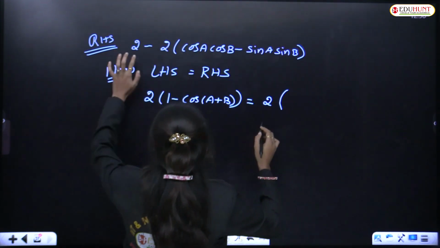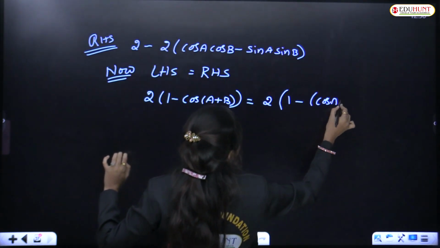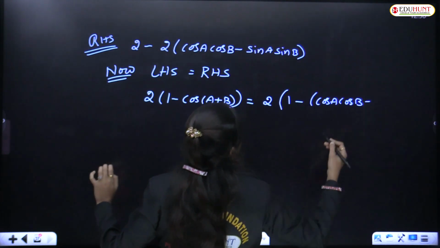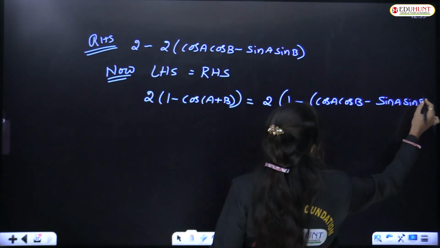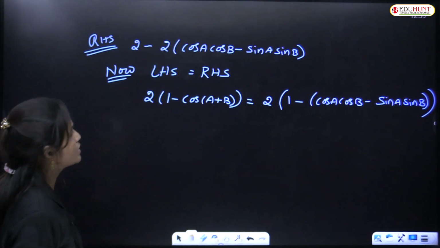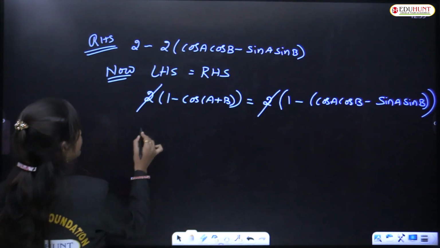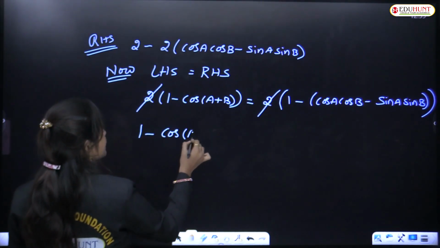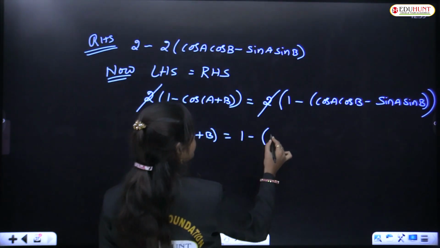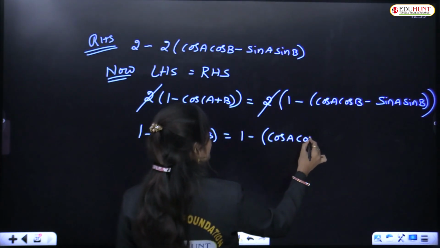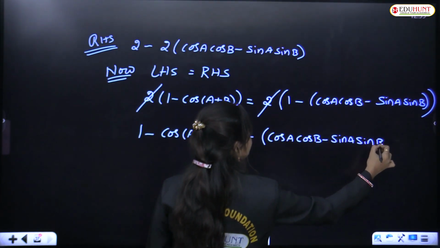So if you take the 2 as common, then here 1 minus the bracket of cos A cos B minus sin A sin B. Okay, so the 2 and 2 get cancelled. After that, 1 minus cos of A plus B is equal to 1 minus of cos A cos B minus sin A sin B.